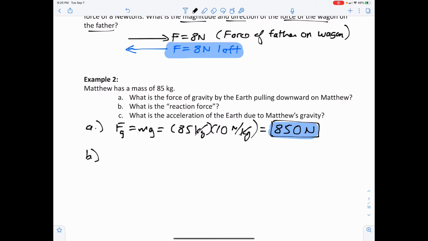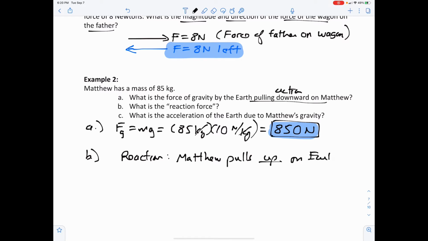Part B. This is the action force. So gravity, Earth pulling downward on Matthew, is the action. The reaction is Matthew pulls up on the Earth with a force of 850 newtons.